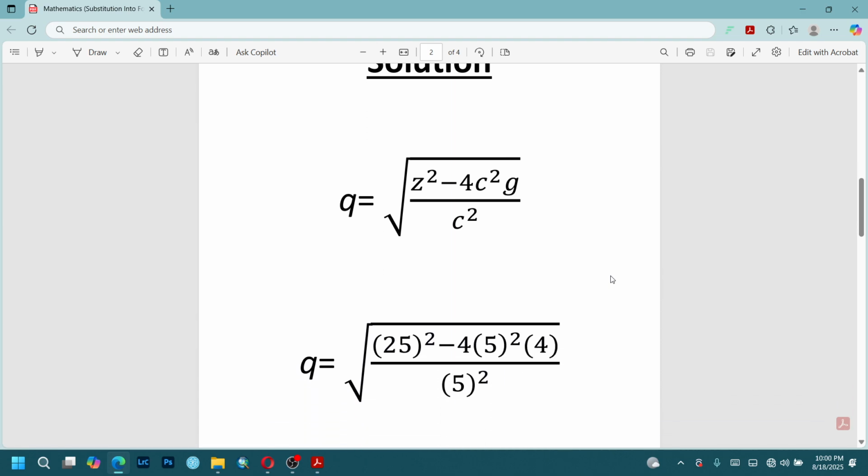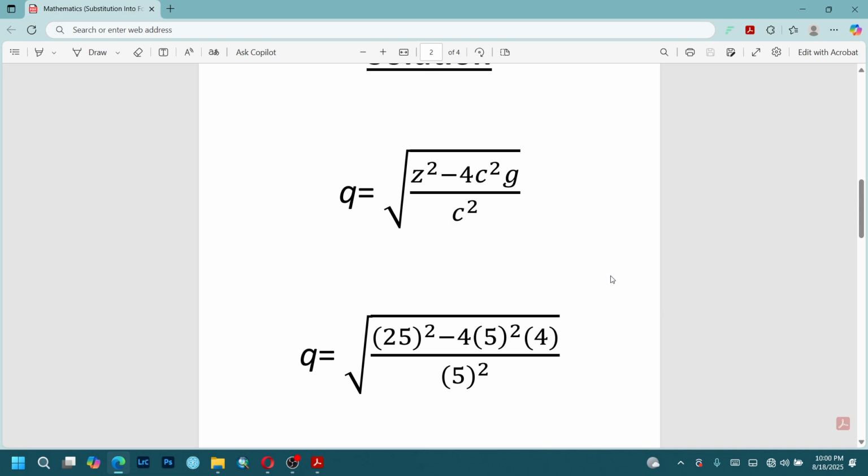So Q is seen as the square root of the fraction Z square minus 4C square J over C square, where Z is giving us 25, C is giving us 5, and J is giving us 4. So what we have to do is to insert the values into the equation.